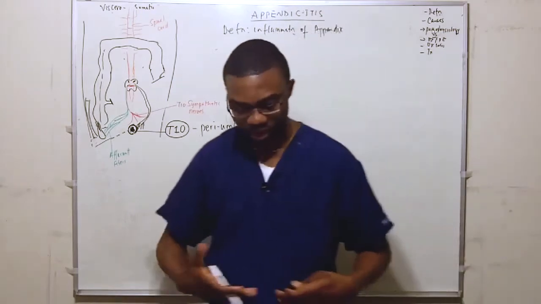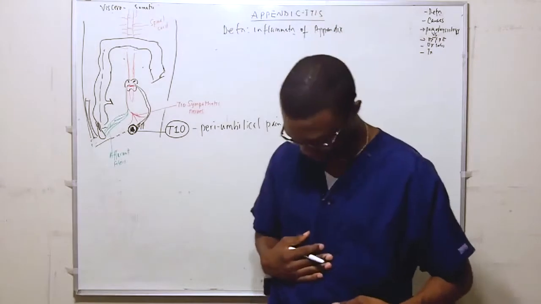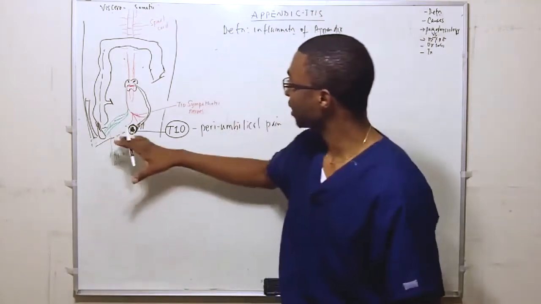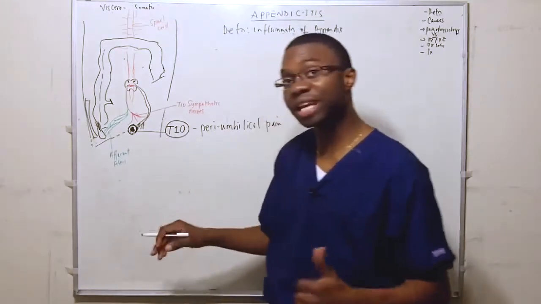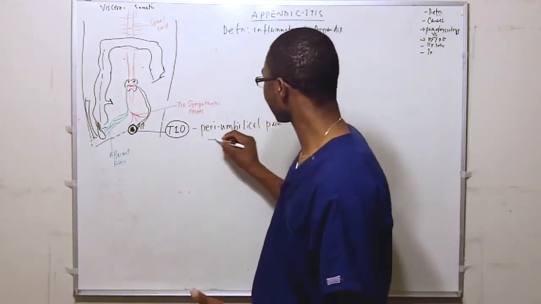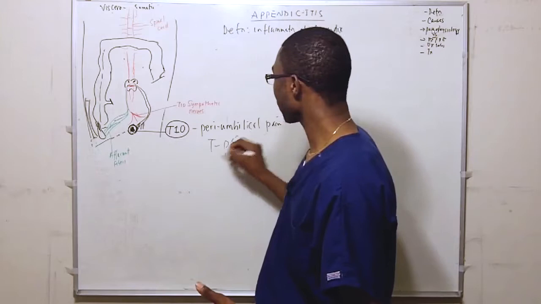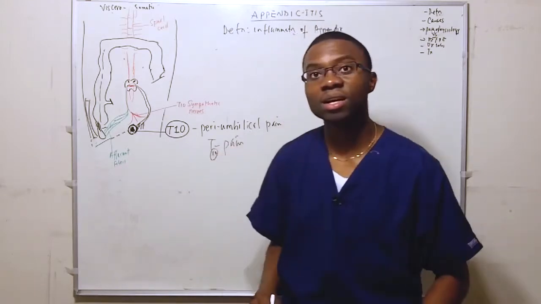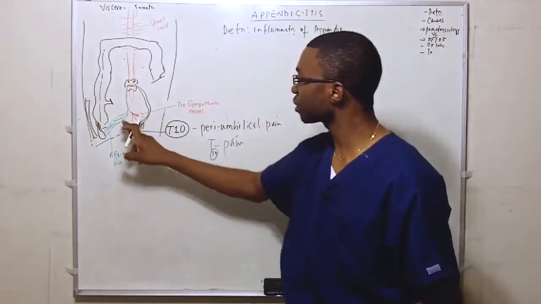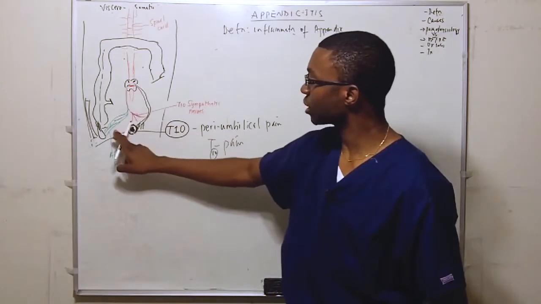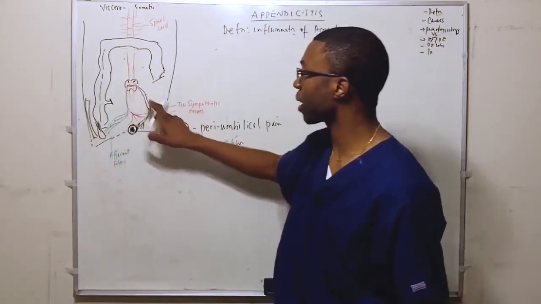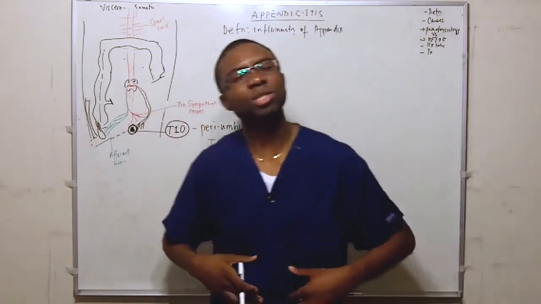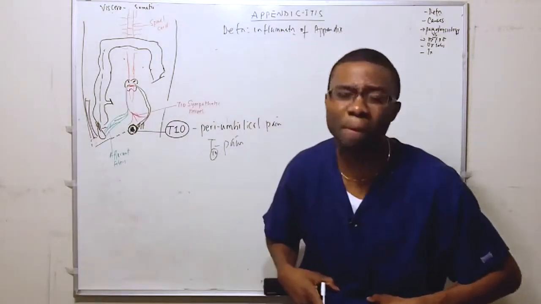It starts around the belly button. That's why it's the T10 sympathetic nerve. T10, T pain, right? It's because of the sympathetic nerves that go together with this afferent fiber supplying the what? The appendix. They go into the spinal cord and it causes this dull, aching periumbilical pain.